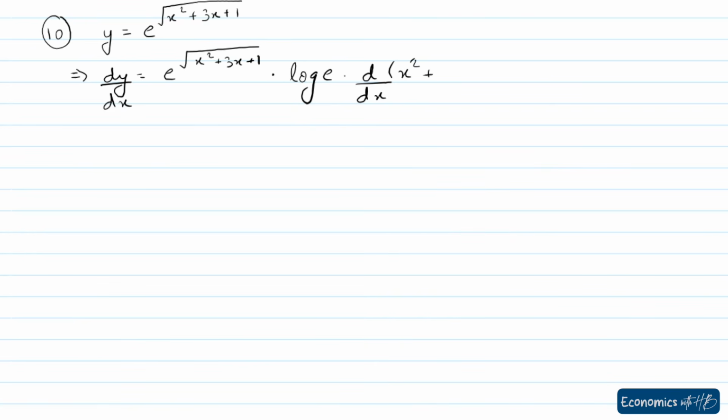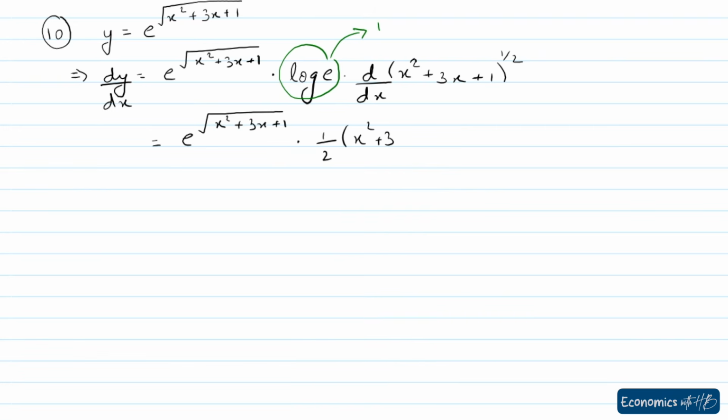So under root of x square plus 3x plus 1 can be written as x square plus 3x plus 1 raised to the power 1 by 2. So we get e to the power u, log of e is 1. And we differentiate this part, 1 by 2 into x square plus 3x plus 1 raised to the power 1 by 2 minus 1, which is minus 1 by 2, further into derivative of x square plus 3x plus 1, which is 2x plus 3.